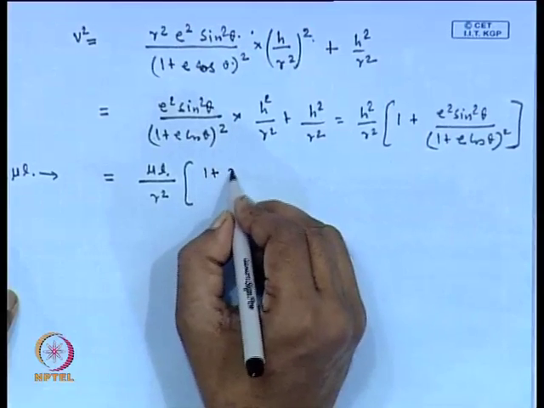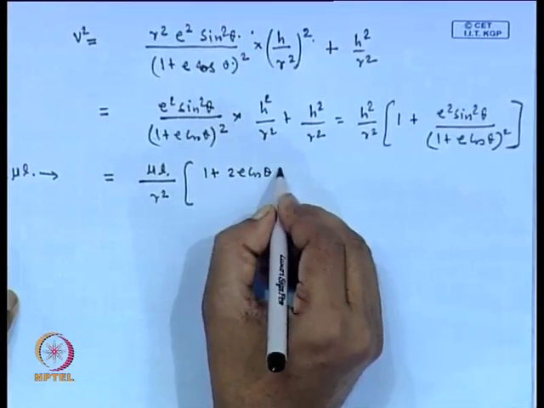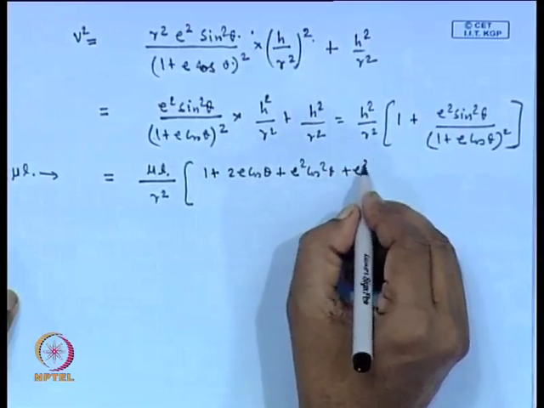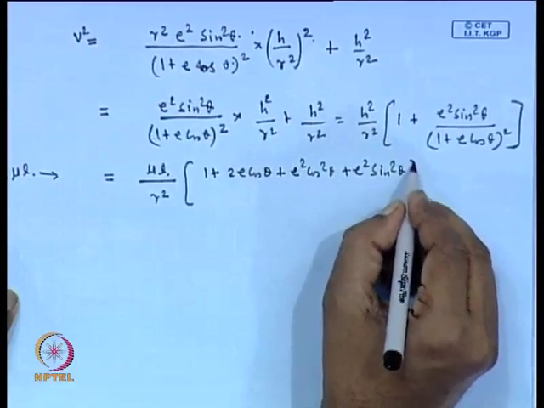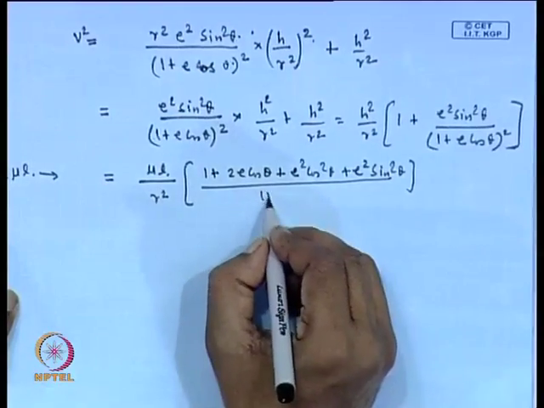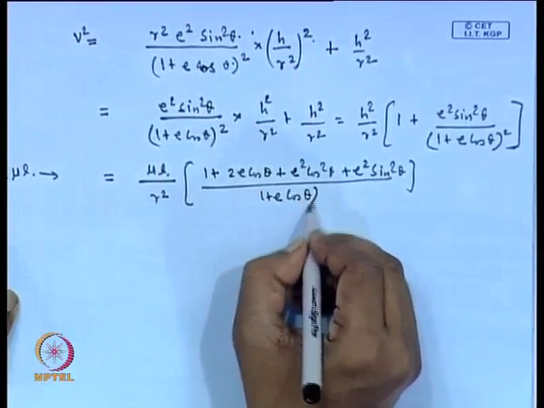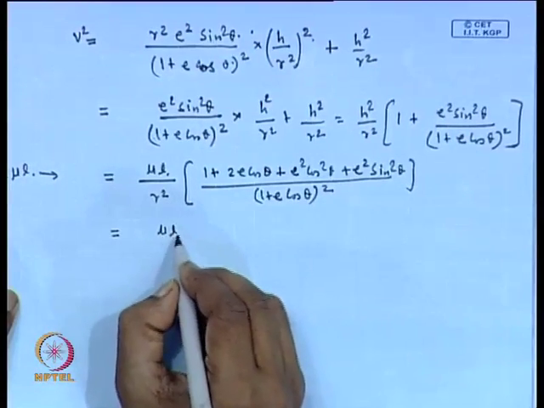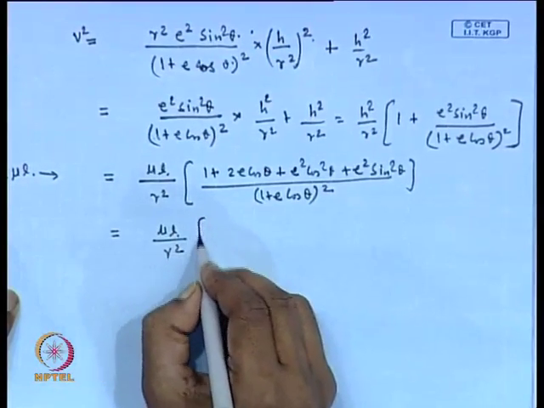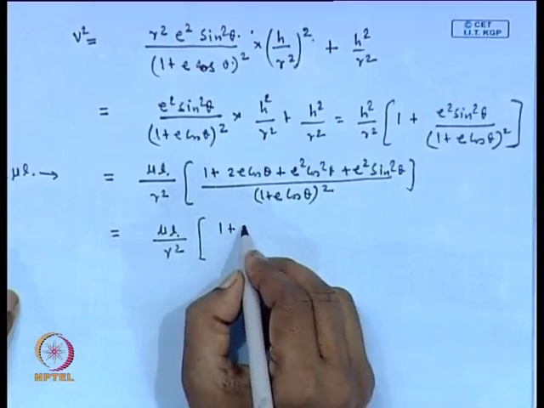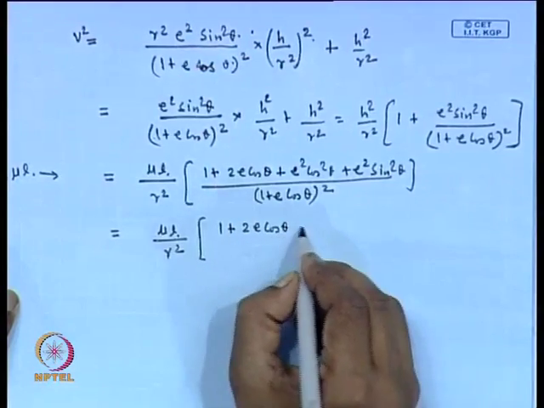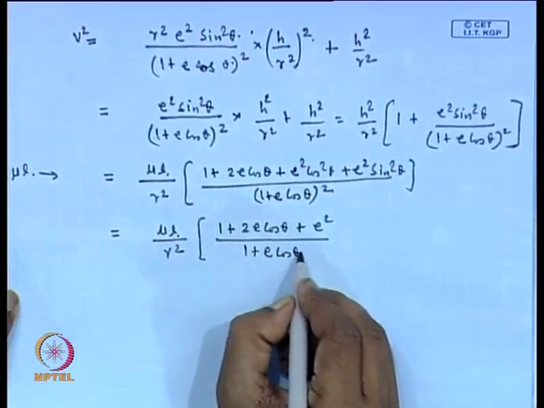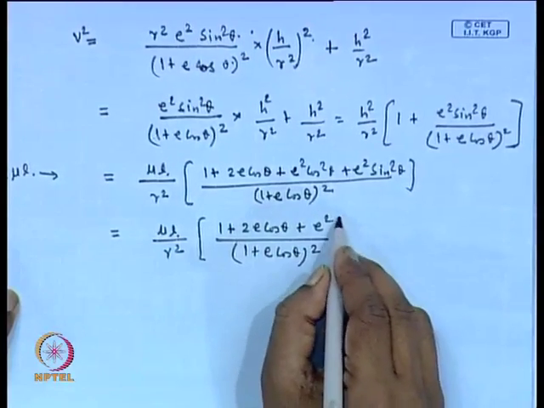So, this is 1 plus 2 E cos theta plus E square cos square theta plus E square sin square theta divided by (1 plus E cos theta) whole square, mu L by r square, 1 plus 2 E cos theta plus E square divided by (1 plus E cos theta) whole square.